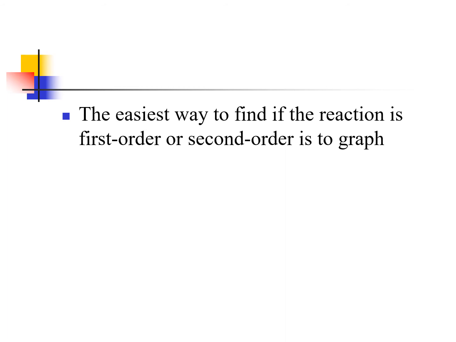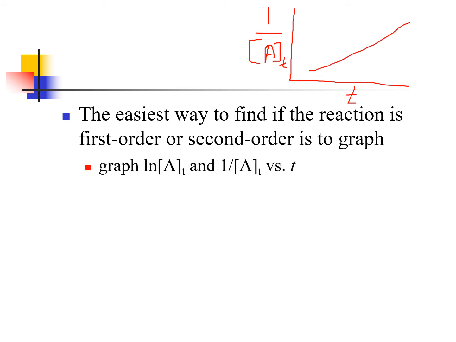And by graphing it, I mean 1 over the concentration at different points in time versus time. If that makes a straight line, then that is second order. So you often have to do both.